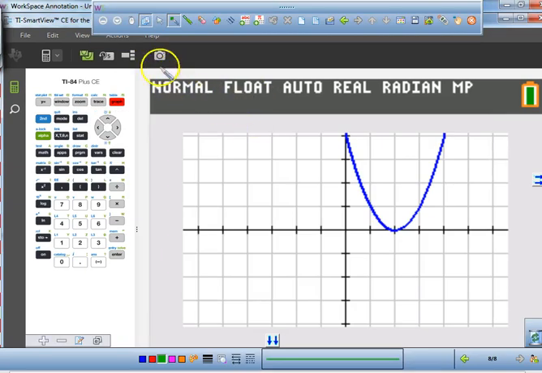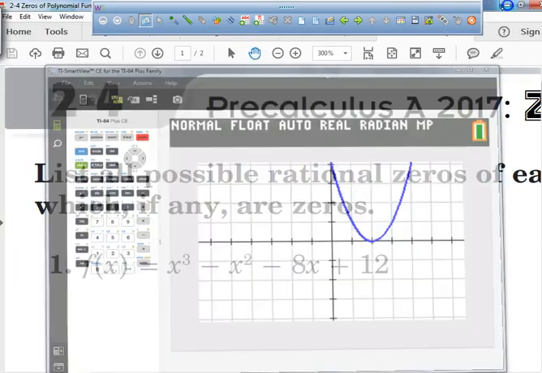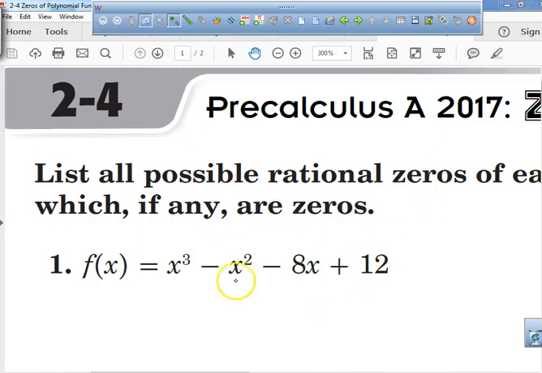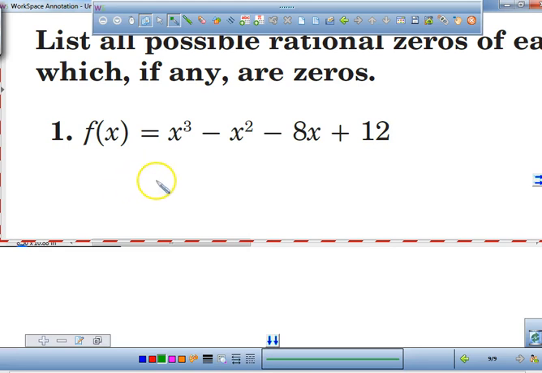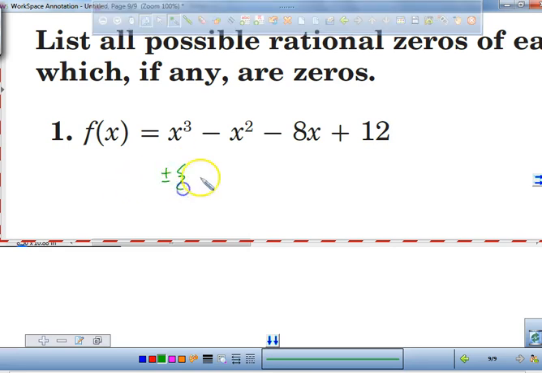Some of you are probably thinking, all right, what's the final answer? Just tell me the answer. I'm a teenager. The answer to problem number 1 is this: plus or minus 1, 2, 3, 4, 6, and 12. Those are all the possible rational zeros.